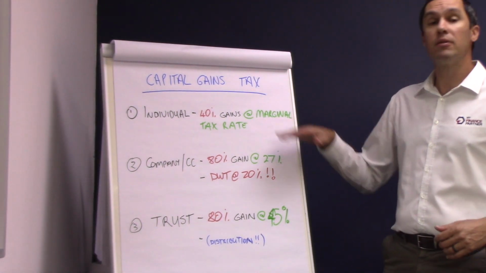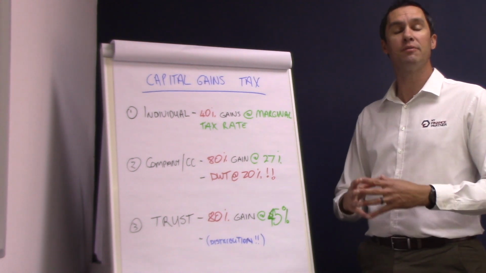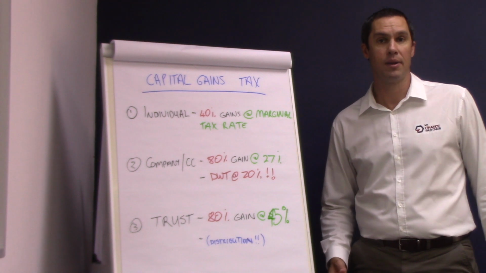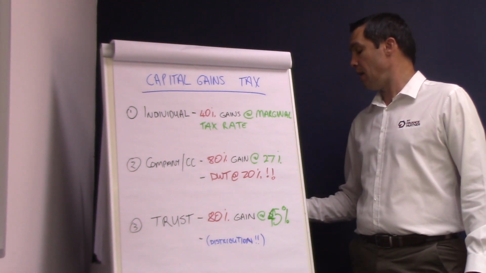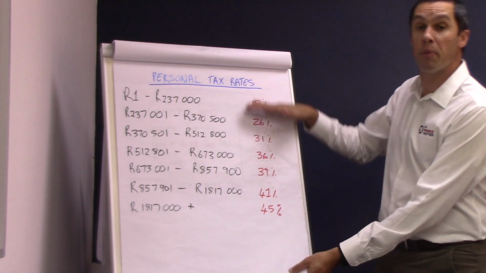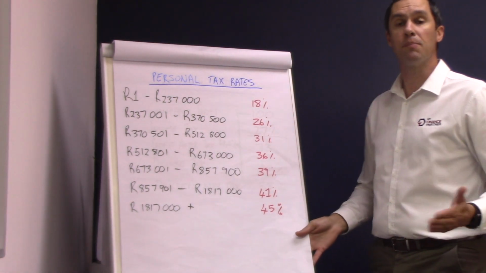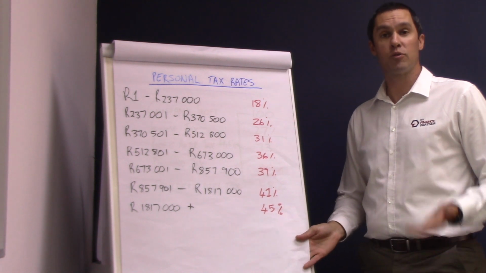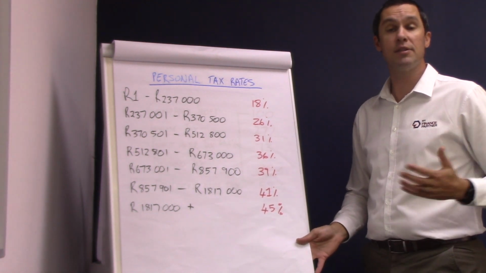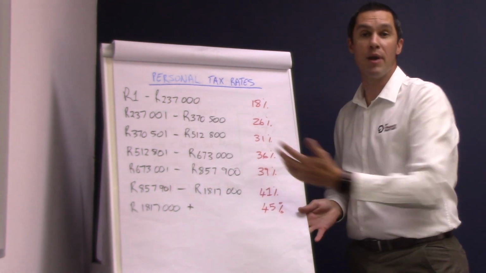The way capital gains tax works is, as an individual, 40% of any gain is taxed at your marginal income tax rate. Now, in our earlier video, we went through the personal income tax tables with you and what that means. Very simply, if you make a sale of an asset and you have a capital gain, it's added to whatever income you may already have.